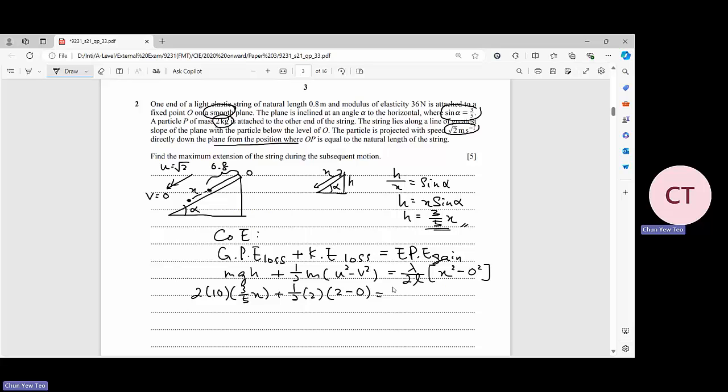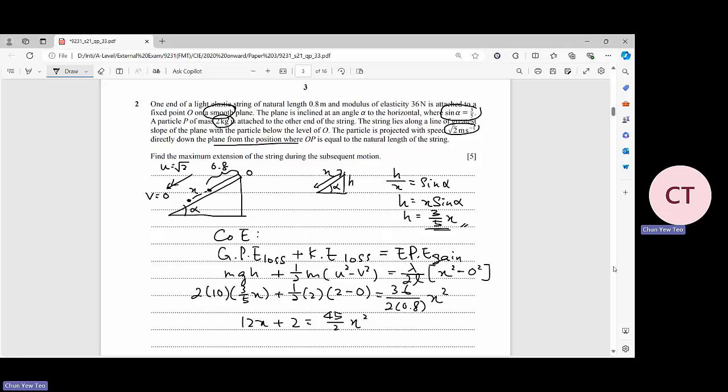Lambda is 36. Your L is 0.8. You do not know the x square. So now over here, if you simplify everything by using your calculator, you get this one as 12x plus 2 is equal to 45/2 x squared.